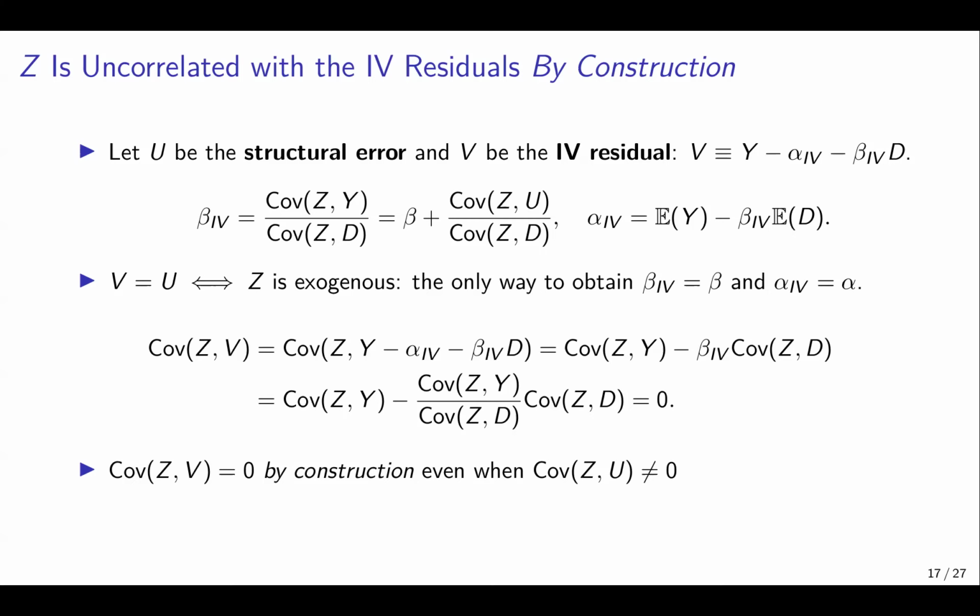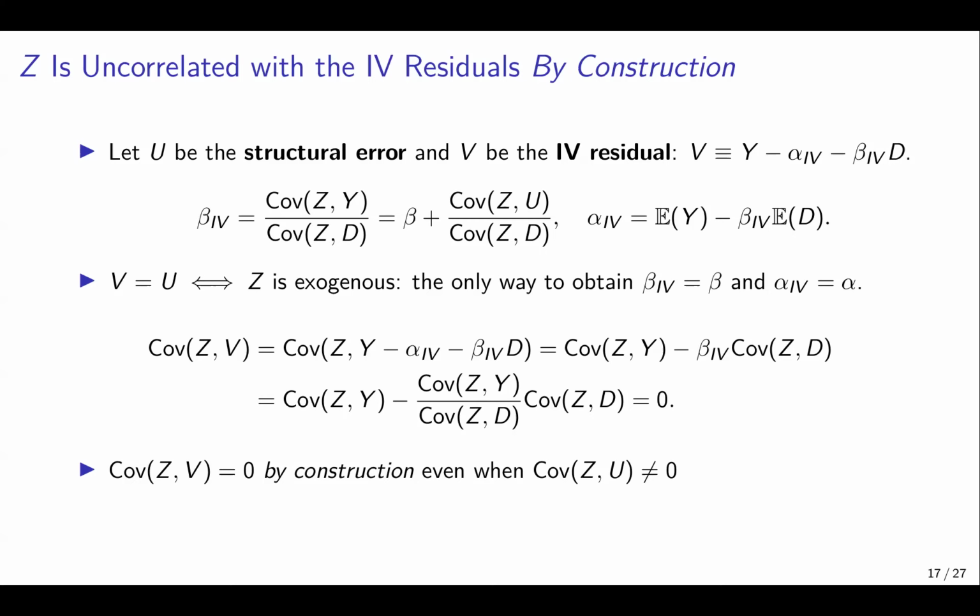So we're going to entertain the possibility that z is correlated with this structural error u, which is kind of like the same thing in some sense as saying that z enters the causal equation for y. Okay, so now, what is alpha IV? Well, that's just the mean of y minus the IV slope multiplied by the mean of d.